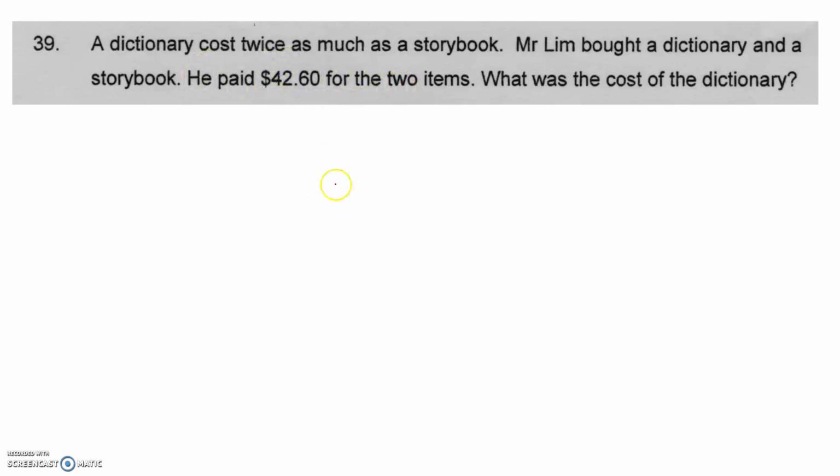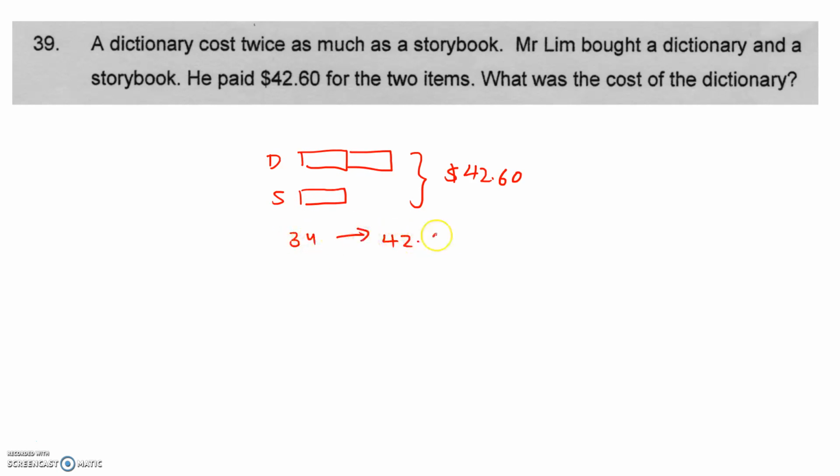A dictionary costs twice as much as a storybook. So dictionary, we have 2 units. Then storybook is 1 unit because twice as much. Altogether, they cost 42.60. He paid 42.60 for 2 items. You buy 1 dictionary and 1 storybook. Then these 1, 2, 3 units will give you 42.60.